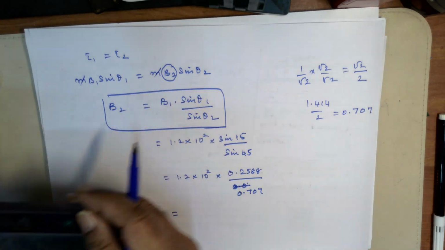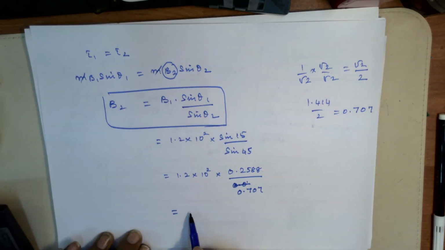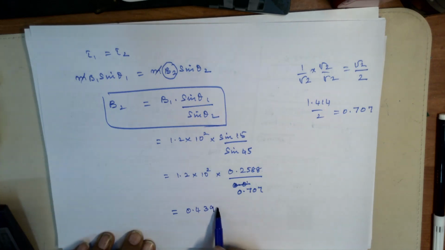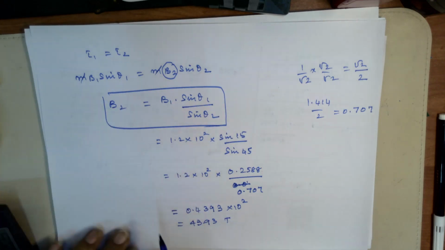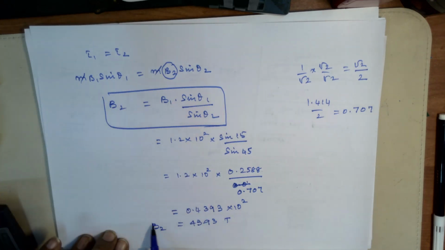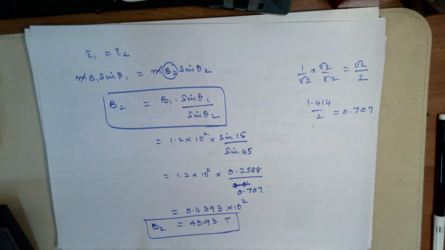That is equal to 0.4393, into 10 squared. So it means 43.93 Tesla, because it is the field. So the other field B2 is equal to 43.93 Tesla.